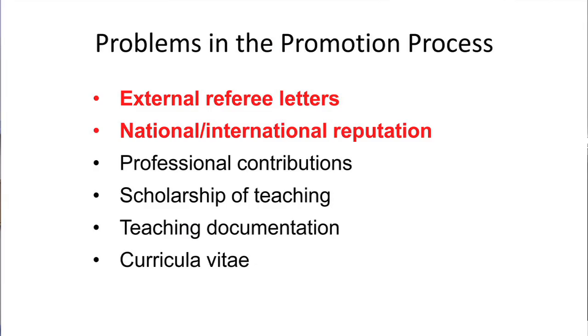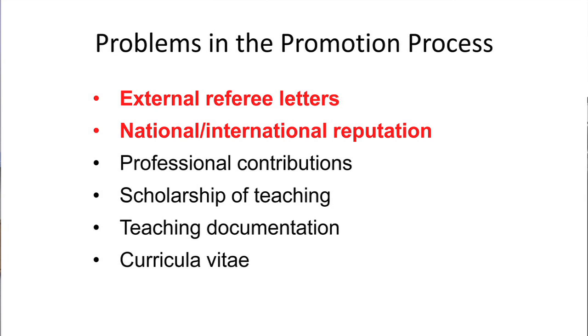I met with somebody last week, and this was clearly going to be a major barrier. Now, this actually isn't from our committee, but I would submit to you from people who are on the committee or have been on the committee. I made these red because these are definitely problems we see. But this is professional, so external referee letters, which we'll discuss, national, international reputation.